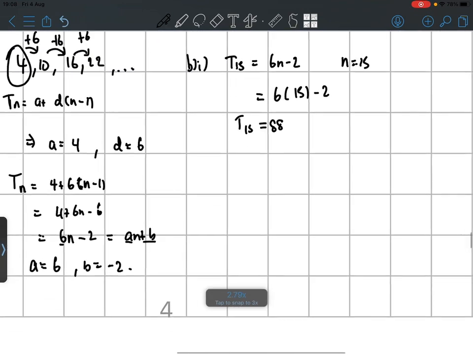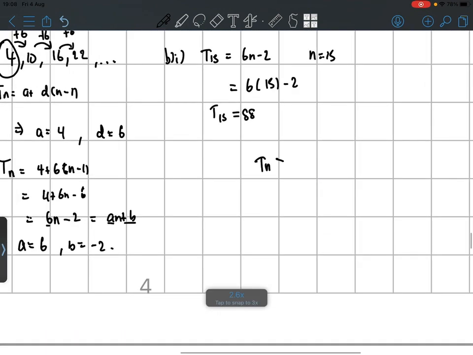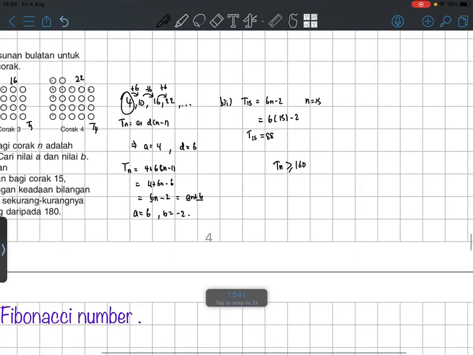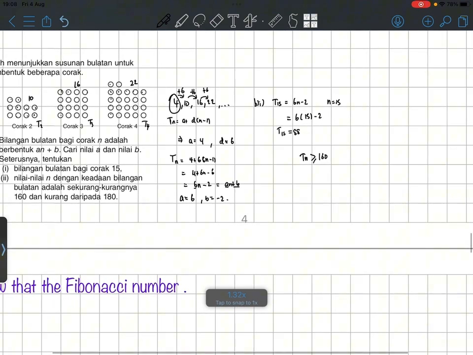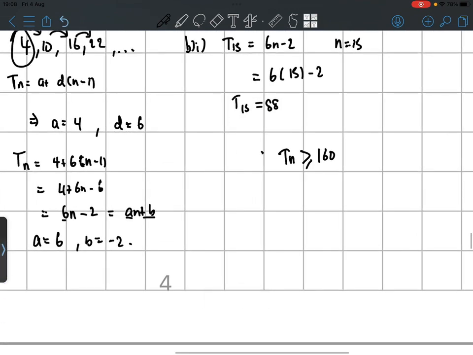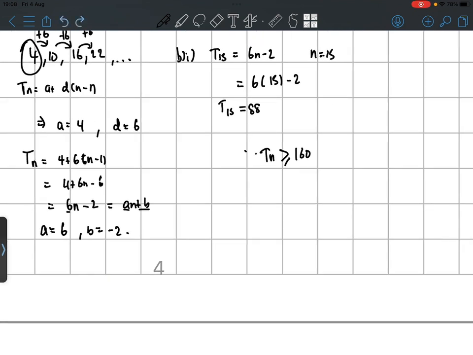Okay, so which means that tn should be at least 160, which means greater or equal to 160, but less than 180.